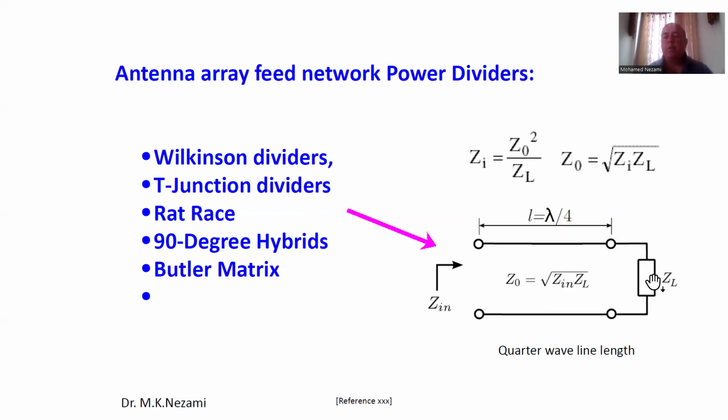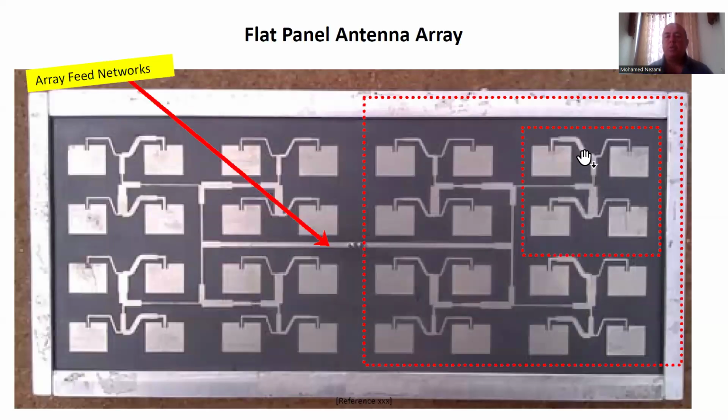Likewise, if you're trying to match a load to a source, and you have a quarter wavelength transformer in here, a piece of transmission line that is a quarter wavelength, its characteristic impedance can be designed according to this equation, which is the square root of the desired input impedance times the load. And so this value in here, of course, is what determines the width of these.